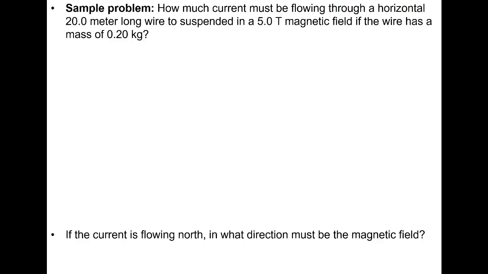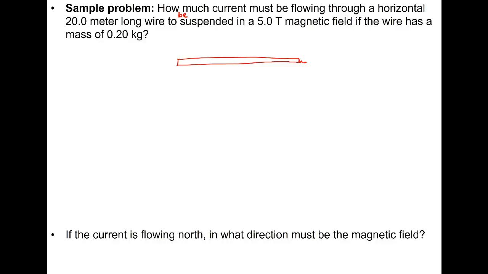So now let's do another example. We're going to find how much current must be flowing through a horizontal wire to be suspended in a magnetic field, if the wire has a mass of 0.2 kilograms. So here's a picture of the situation, and this is going to be a top-down picture.